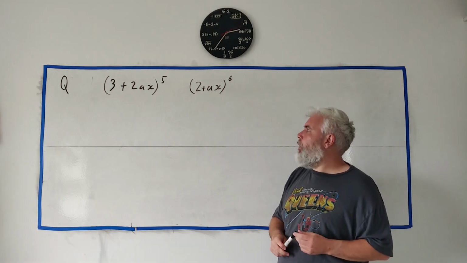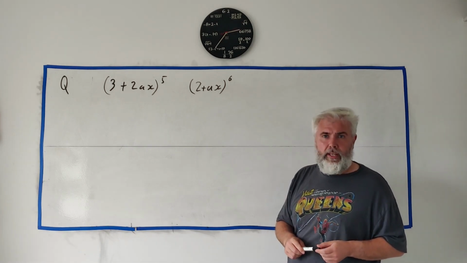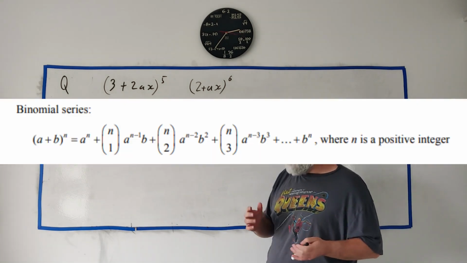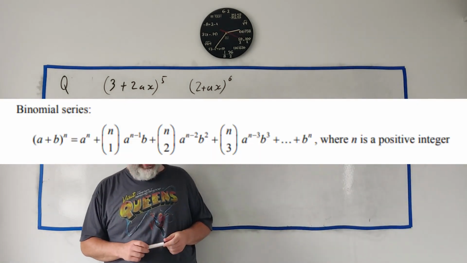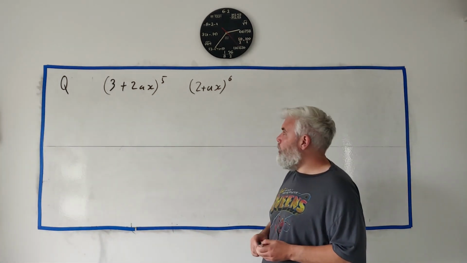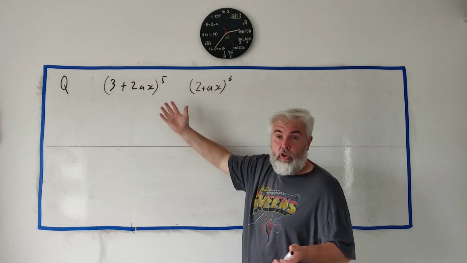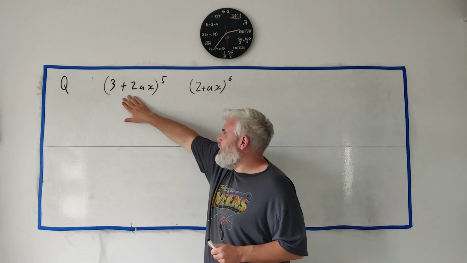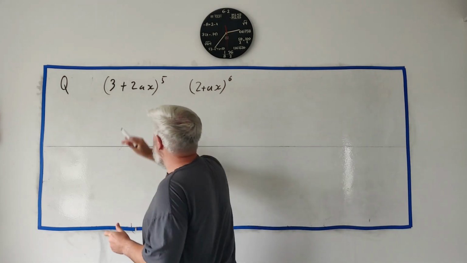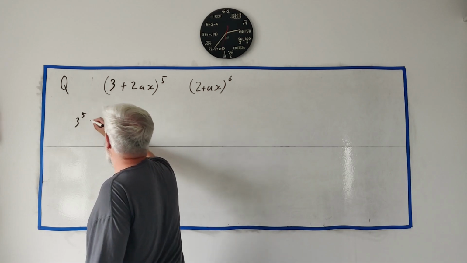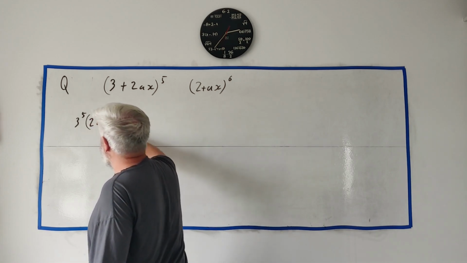Now, this is very common for question 1. We're going to have to use binomial expansion. I'll put it up on the board. It's in your formula, and we can use it for anything that looks like this here. Let's get out a few of the terms of this one. We could get out the x to the power 0 term. It would be 3 to the power of 5, 2ax to the power of 0.